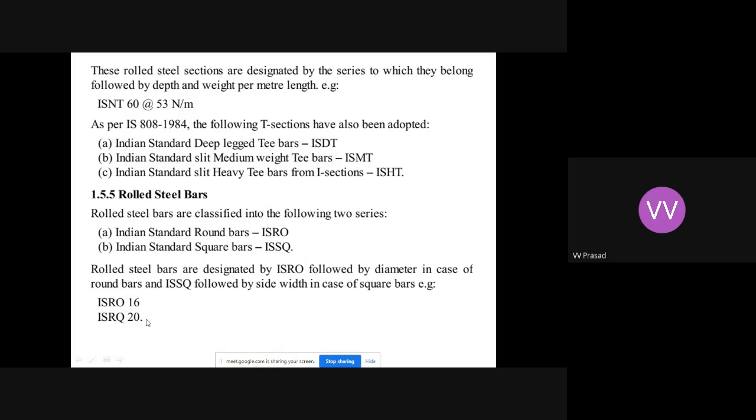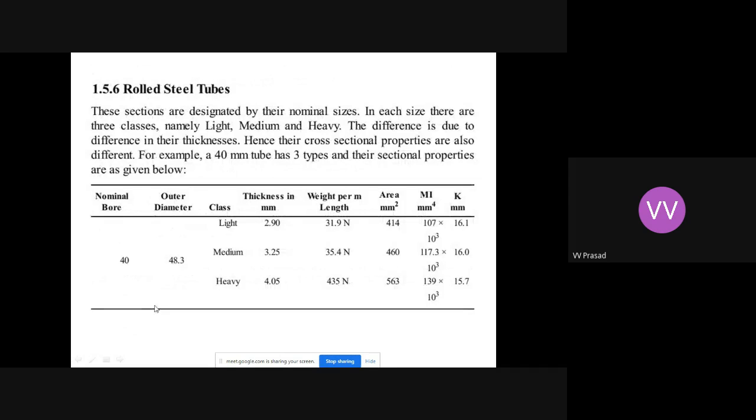Here also the designation follows the same pattern. ISRO 16 means a round bar of 16 millimeter diameter. ISSQ 20 means a square bar of 20 mm. Next, steel tubes are now generally not used in building constructions.